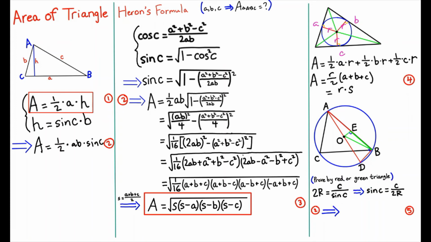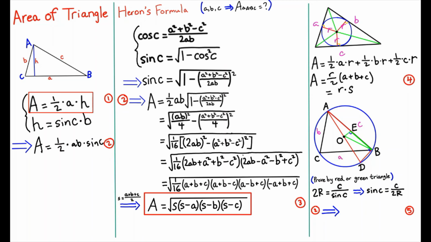In the red triangle over here, it has a hypotenuse of AD, which is 2R. And this is a right angle since this is the diameter of the circle. Because we know that this is 2R and this is side C, and I definitely forgot to write that again, this is B and A, sorry.